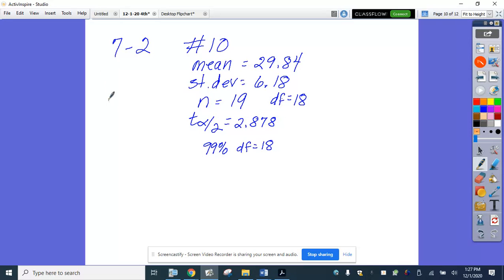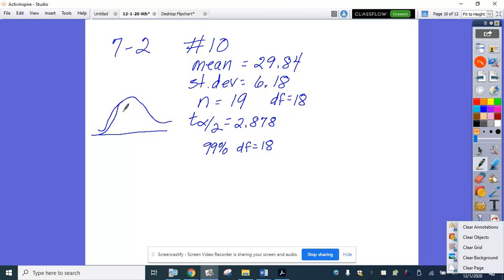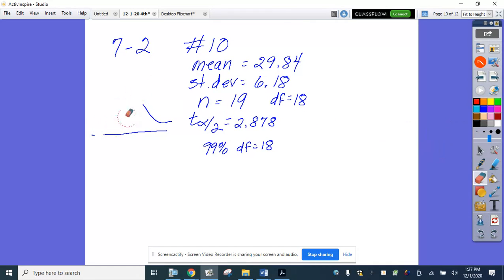So 2.878, okay. So if you want to draw your curve, I didn't do a very good job with the curve. Let's try that again. That's a little better. Okay, so my middle right here is 29.84.